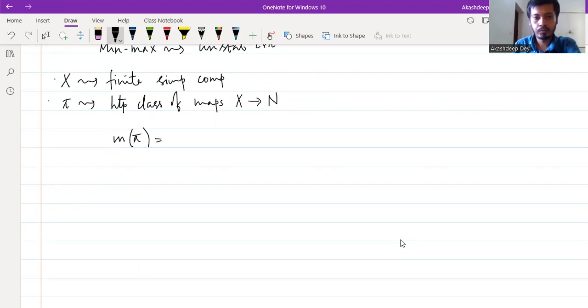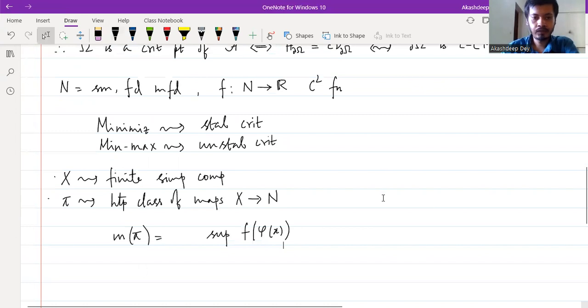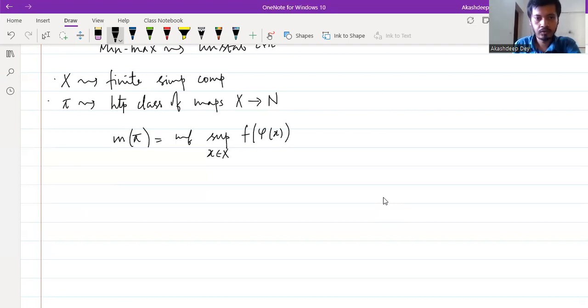This is equal to the inf over all phi in the homotopy class Phi of the sup of f(phi(x)), where x is in capital X. So f is the function on N which we fixed at the beginning. Capital X is the parameter space.